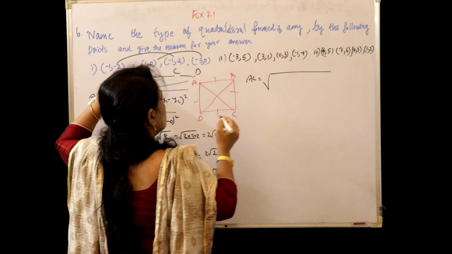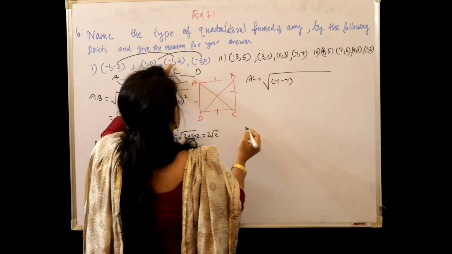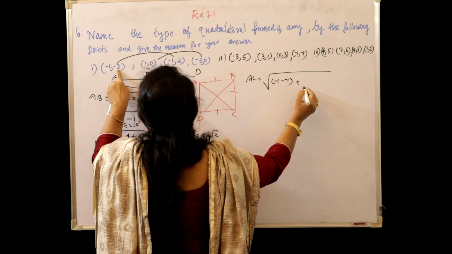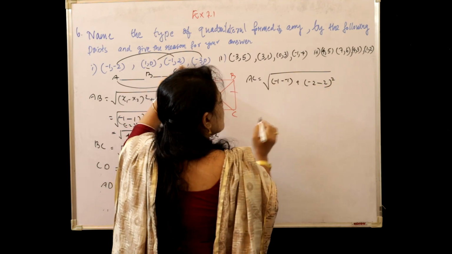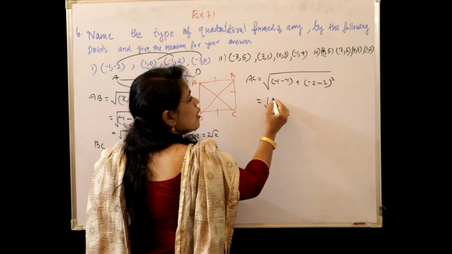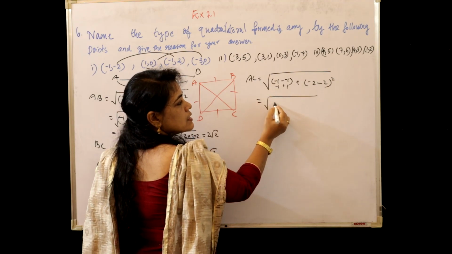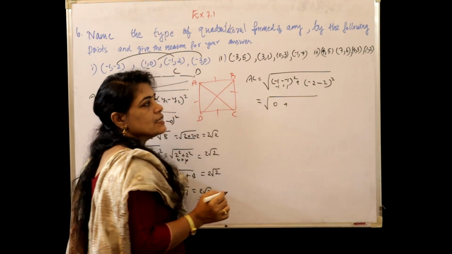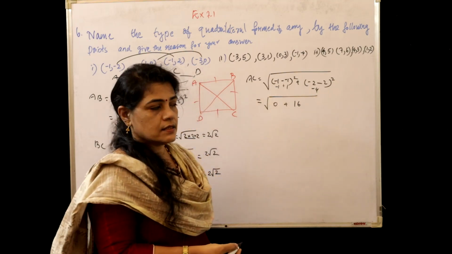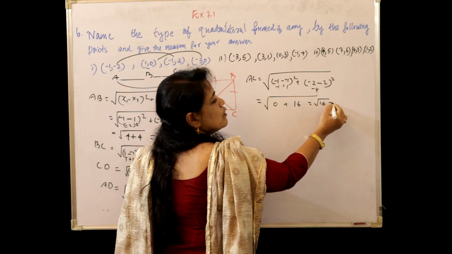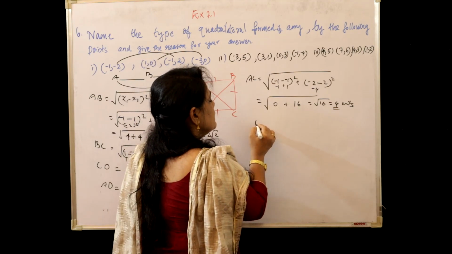So minus 1 minus of minus 1, which becomes plus, so minus 1 plus 1, that is 0 square, plus 2 minus of minus 2, that is 4, and its square is 16. So root 16 equals 4 units. This is AC.